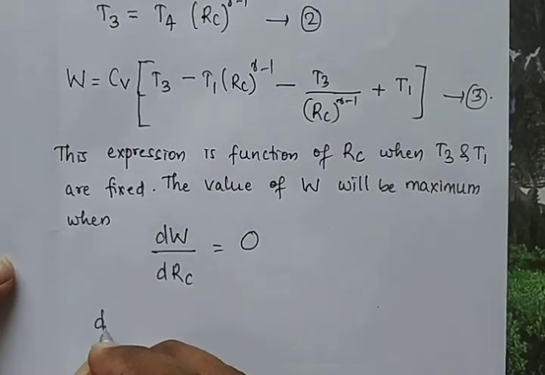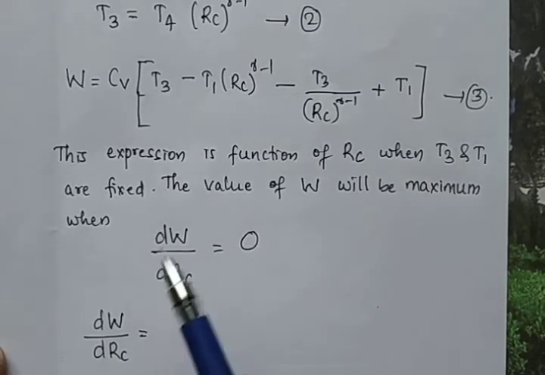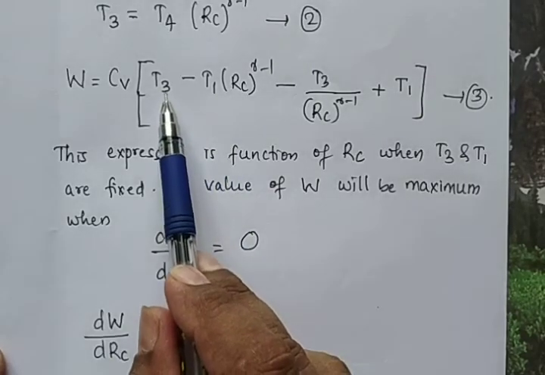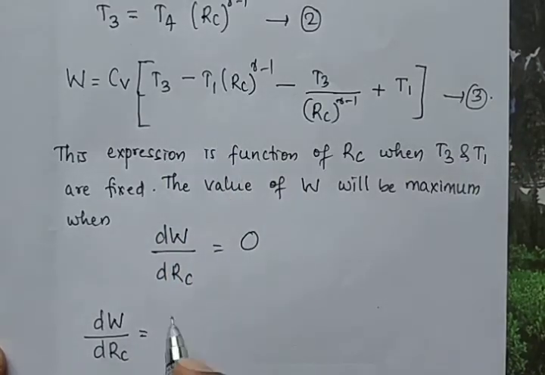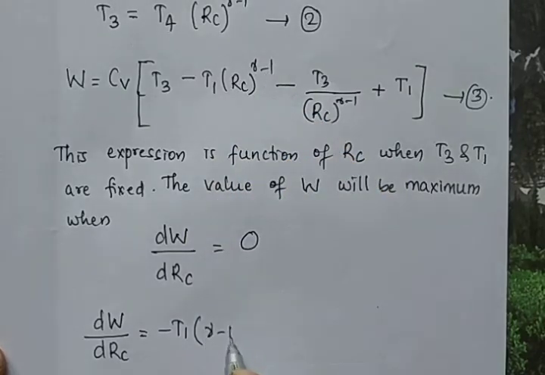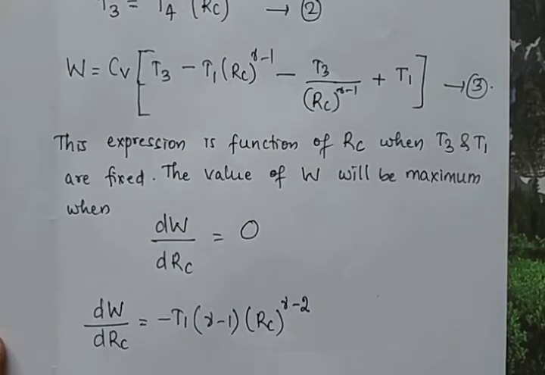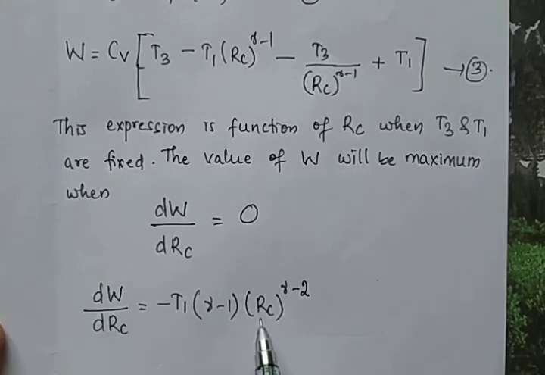That is dW by drc will be equal to, so differentiate the terms, T3 is constant, so minus T1 into rc to the power gamma minus 1 is there. So (gamma minus 1) into rc to the power (gamma minus 1 minus 1), which becomes rc to the power gamma minus 2.